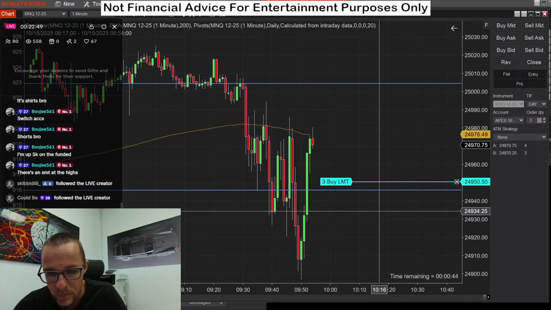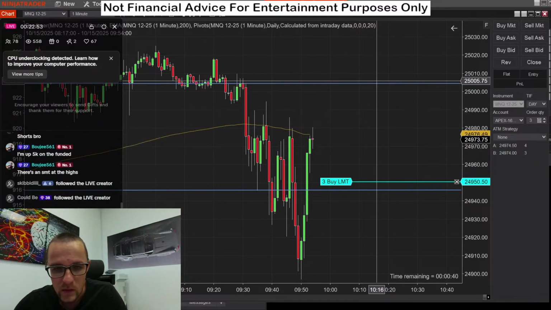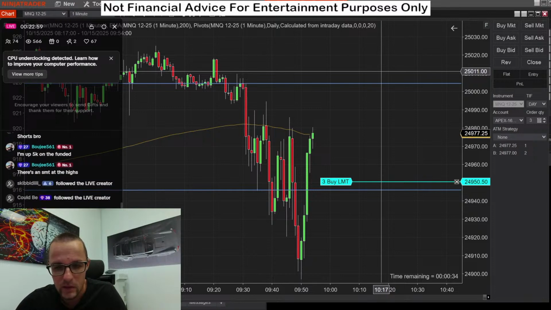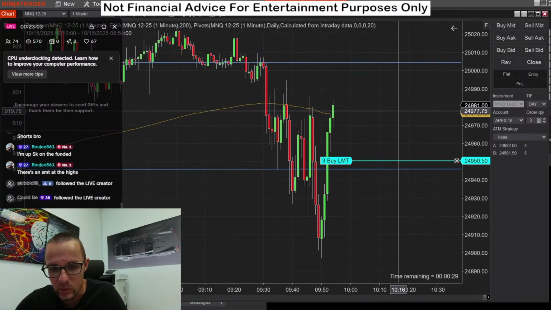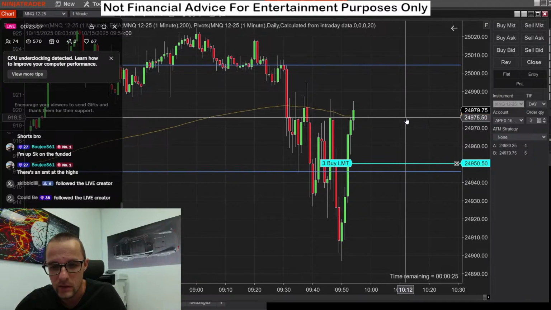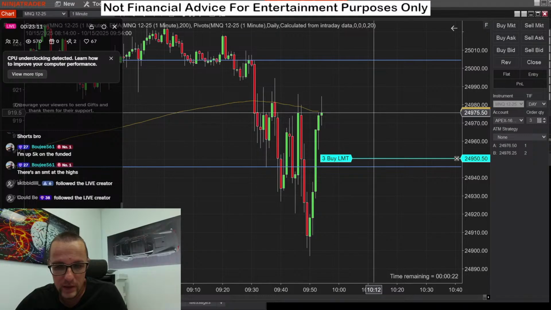Pretty much TP would be right there, where my blue line is, if this thing could actually pull back and fill me in and not rip without me. But we'll see, we'll see.